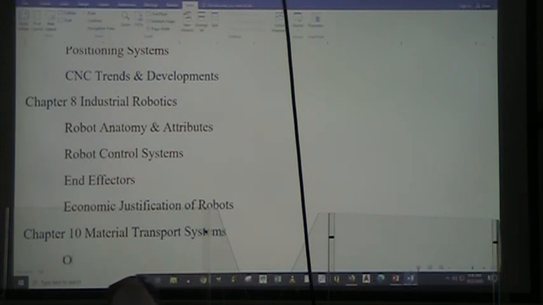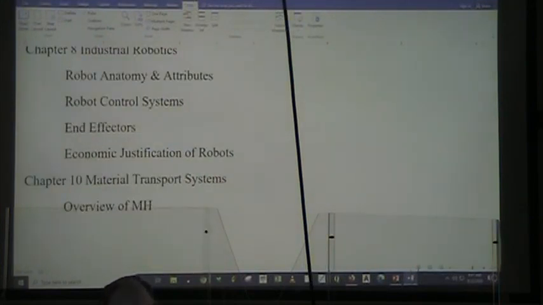Well, have an overview of material handling and material handling equipment.